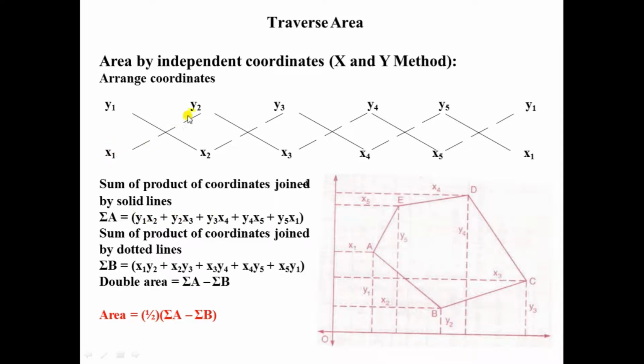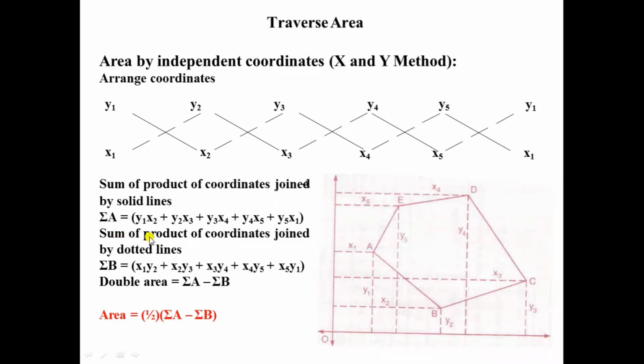So we multiply x1 with y2 and y1 with x2, right? That is the cross multiplication process. So the summation of A is equal to y1x2 plus y2x3 plus y3x4 plus y4x5 plus y5x1. First we add the products along the solid lines and sum them.